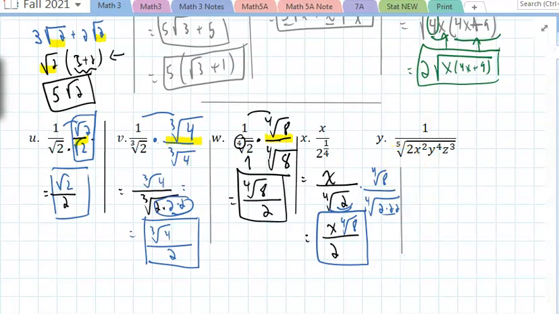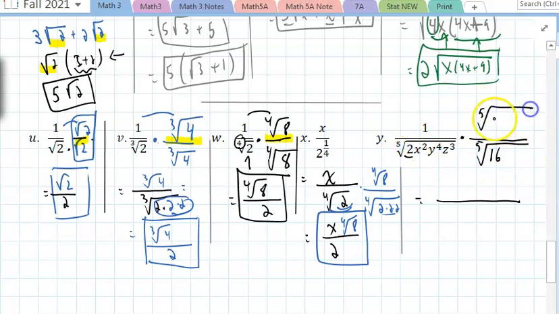And that problem right there, well, to clear the denominator, again, I can't have a radical in the denominator. That wouldn't be simplified. Well, let's see. I look, well, there's a 2. I need 4 more. 2 to the 4th is 16. And remember, I'm allowed to multiply by a ratio of 1. I have 2 x's. To make them a 5, I'm missing 3 more. 4 y's. To make them a 5, I need 1 more. And 3 z's.